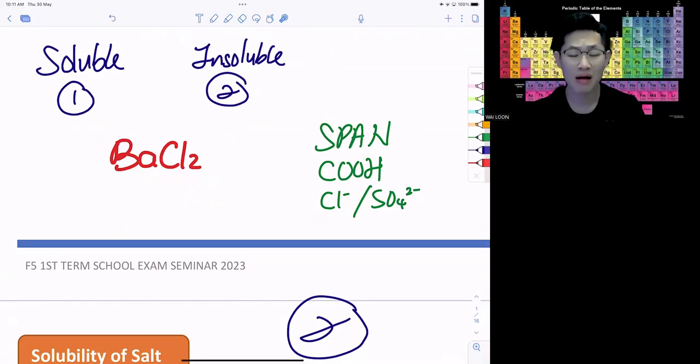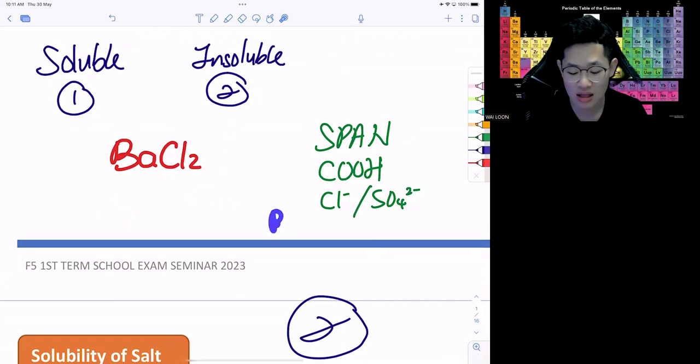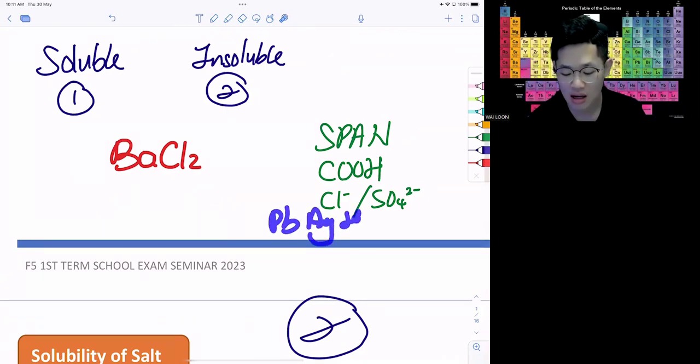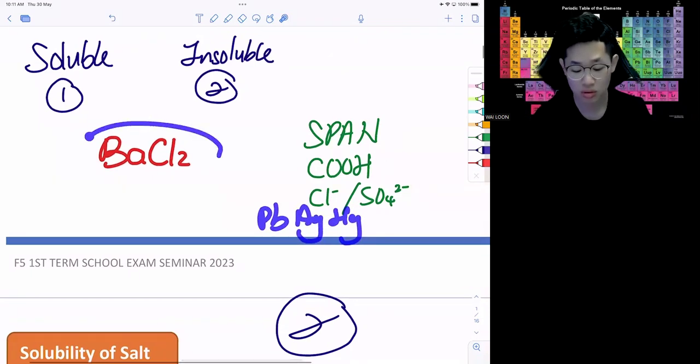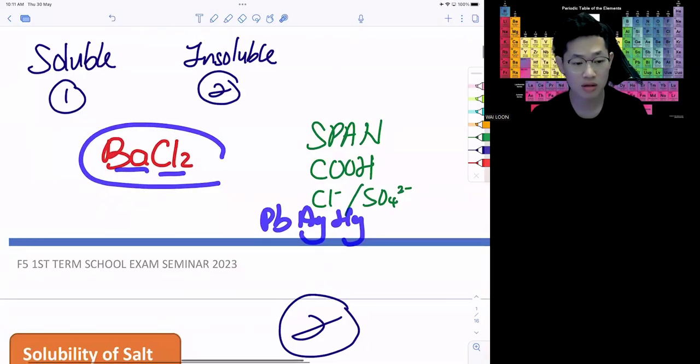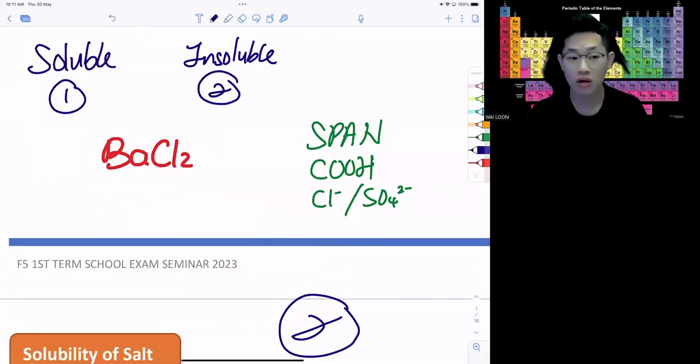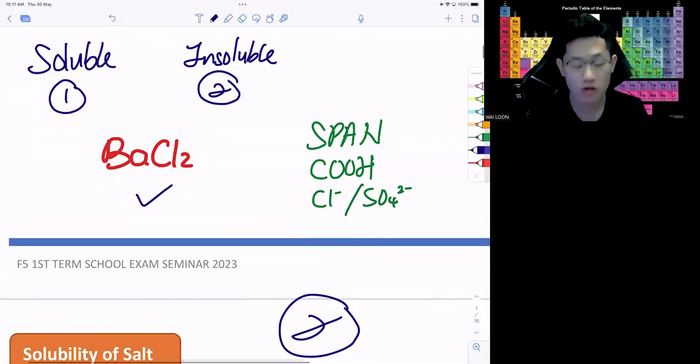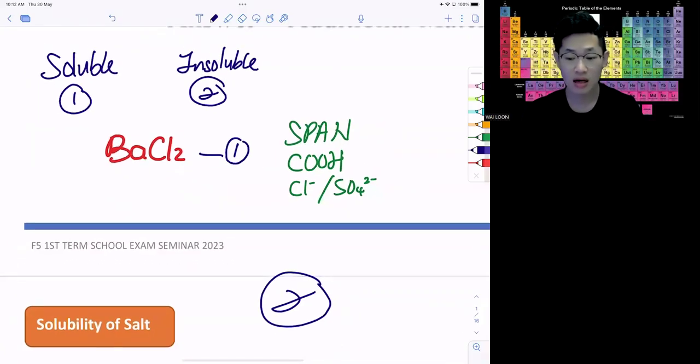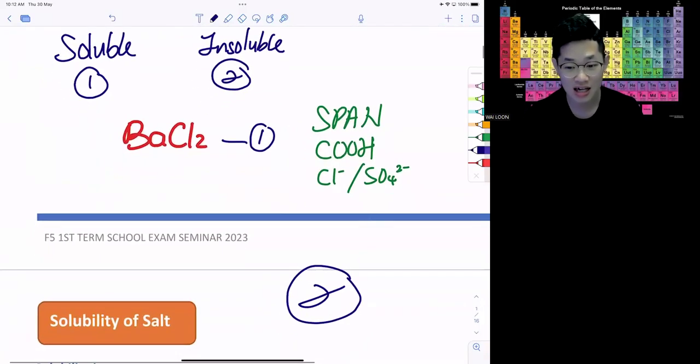Is the chloride pairing with PBBACA? No, it's not. So the salt is soluble. So it's 1. Okay, guys, understand? For those who got the wrong answer, can you see why?